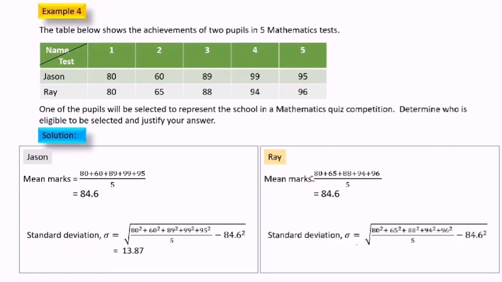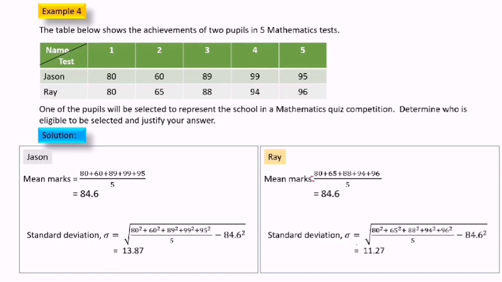Standard deviation equal to square root of 80 square plus 65 square plus 88 square plus 94 square plus 96 square divided by 5 minus square of the mean 84.6, equal to 11.27. Now, who is eligible to be selected?